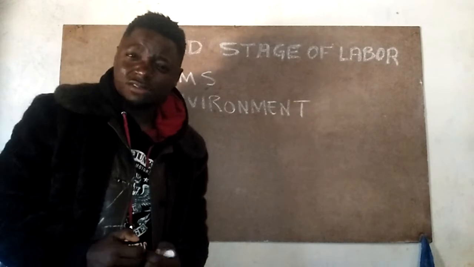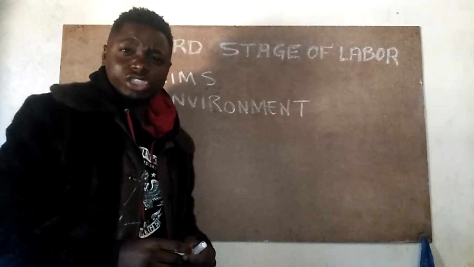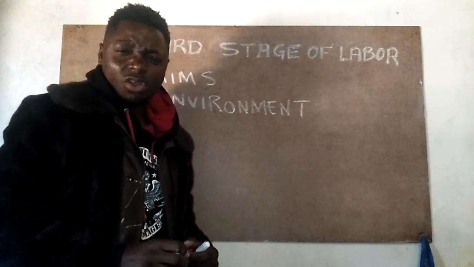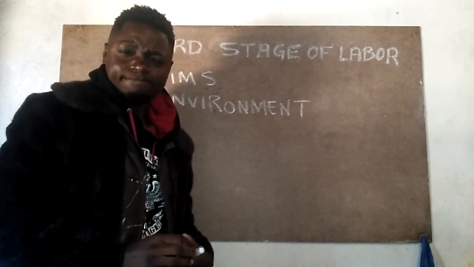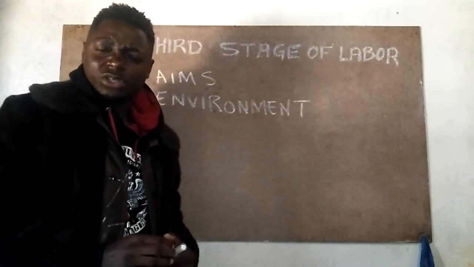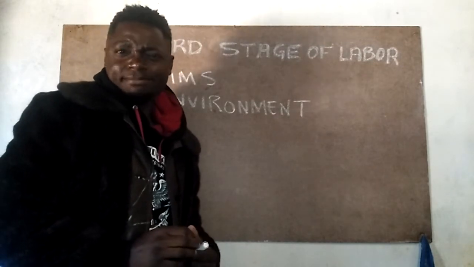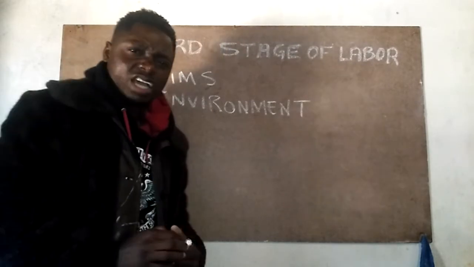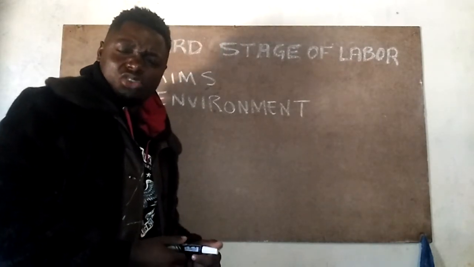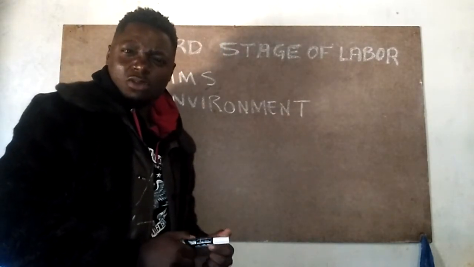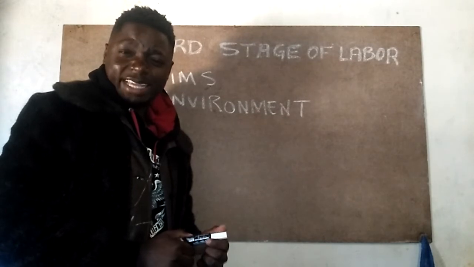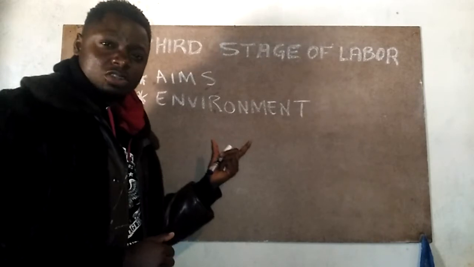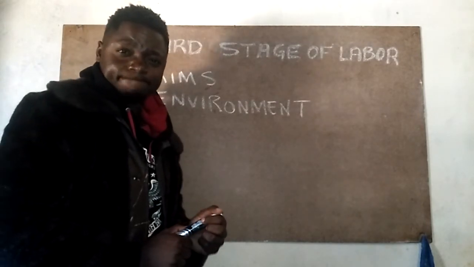You need to have a 10 international unit dose of oxytocin already prepared on the delivery trolley. You need to have your sphygmomanometer to measure her BP and pulse. You also need a pair of sterile gloves, because this is an aseptic technique that is going to be carried out on this woman.